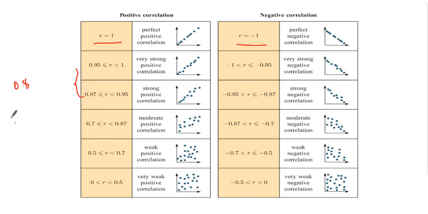If it's between 0.5 and 0.75 or 0.8, in some books they take 0.8 and also 0.75, then it's moderate. If it's smaller than 0.5, it's a weak correlation, with the positivity or negativity. So just remember this one.